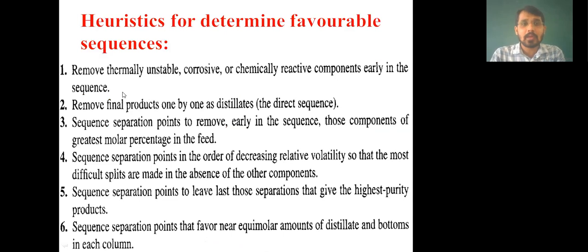Lastly, we saw the rules, the heuristics for determining favorable sequence to get the most pure product. In the next lecture, we will see this topic again with an example. Thank you very much.